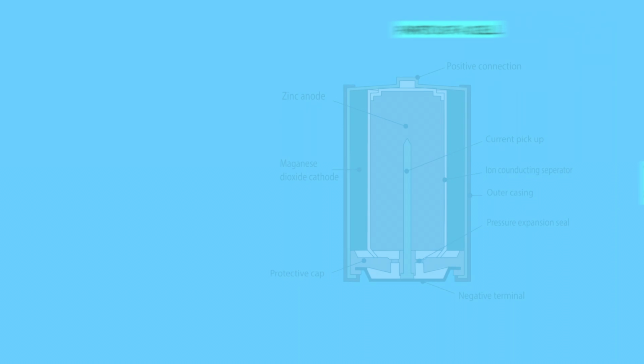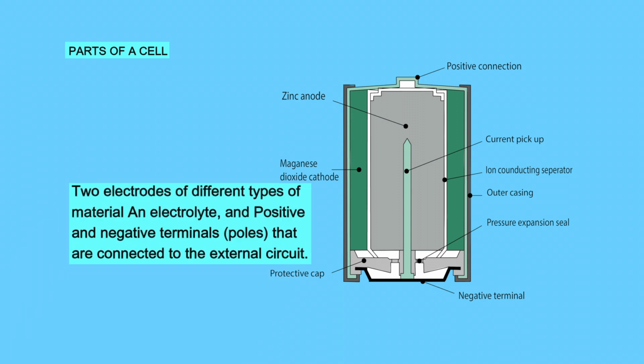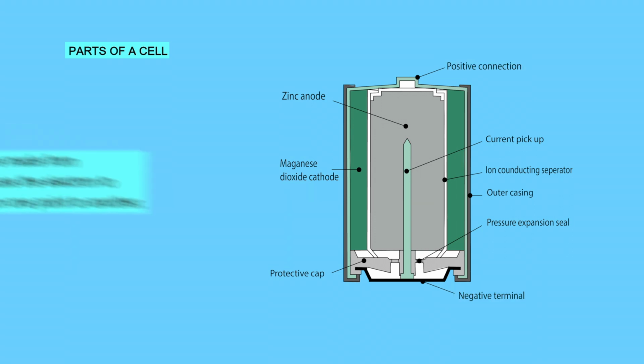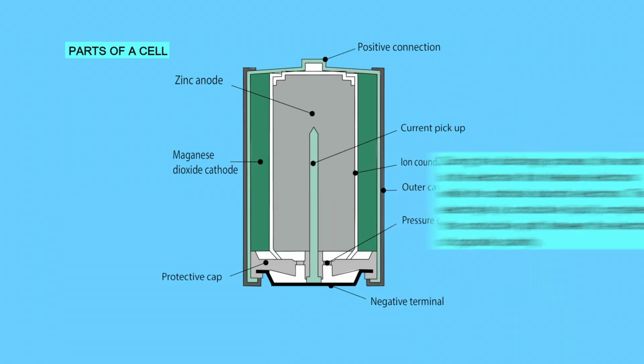The essential components of either a primary cell or secondary cell are two electrodes of different types of material, an electrolyte, and positive and negative terminals or poles that are connected to the external circuit. The electrodes are made from chemicals that cause the electron to be transferred from one point to another.